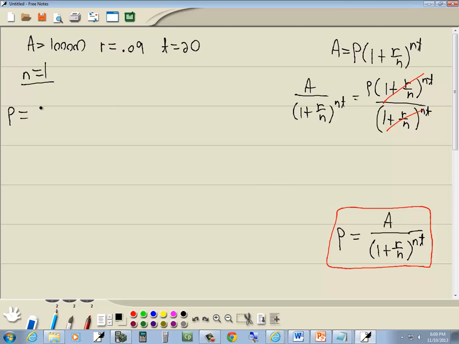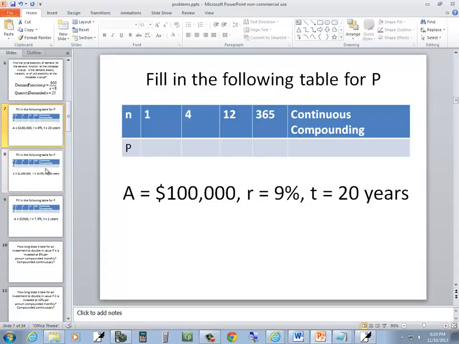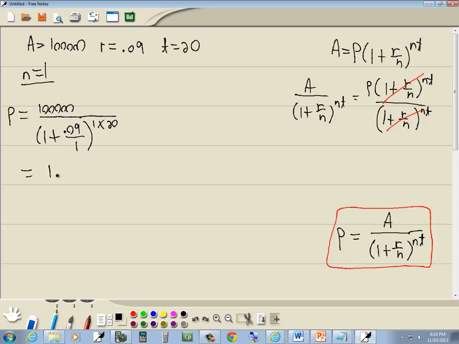A is 100,000 over 1 plus R, which is 9%, 0.09, divided by N, which is 1, raised to the NT power, which would be 1 times 20. So we got 100,000 over 1 plus 0.09, 1 times 20 gives us 20.